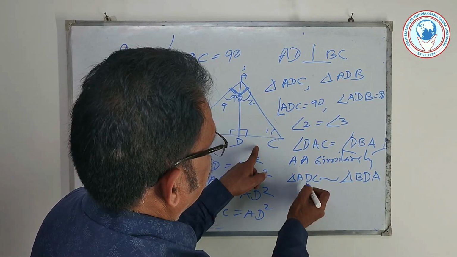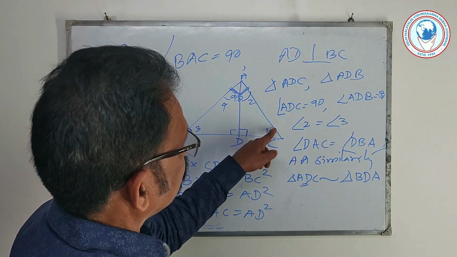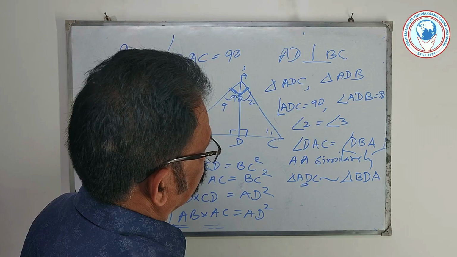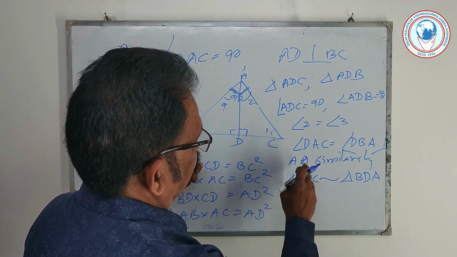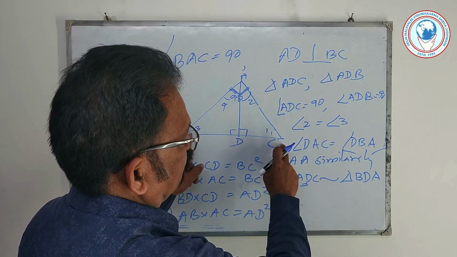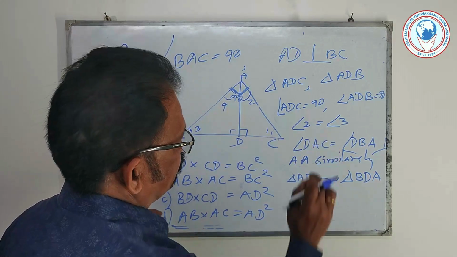In ADC the middle angle is 90, here also the middle angle is 90. So angle 2 is equal to angle 3. Angle DAC and DBA, 2 equal to 3, middle angle is this one.